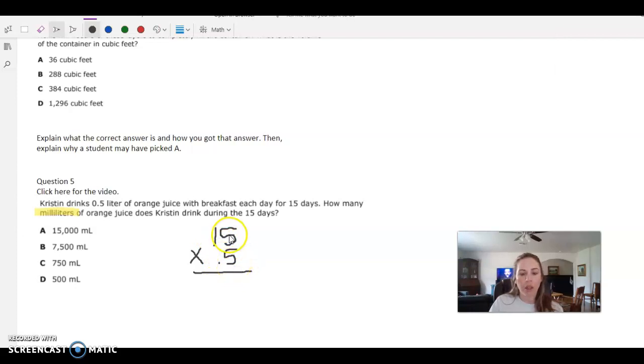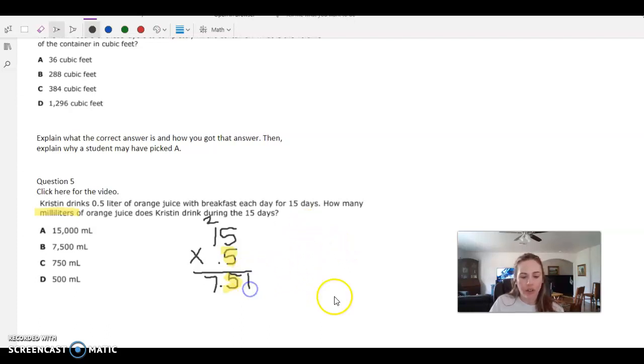Much simpler. 5 times 5 is 25. 1 times 5 is 5 plus 2 is 7. I highlight my place value behind my decimal. I have 1, so I do the same in my answer. There we go.